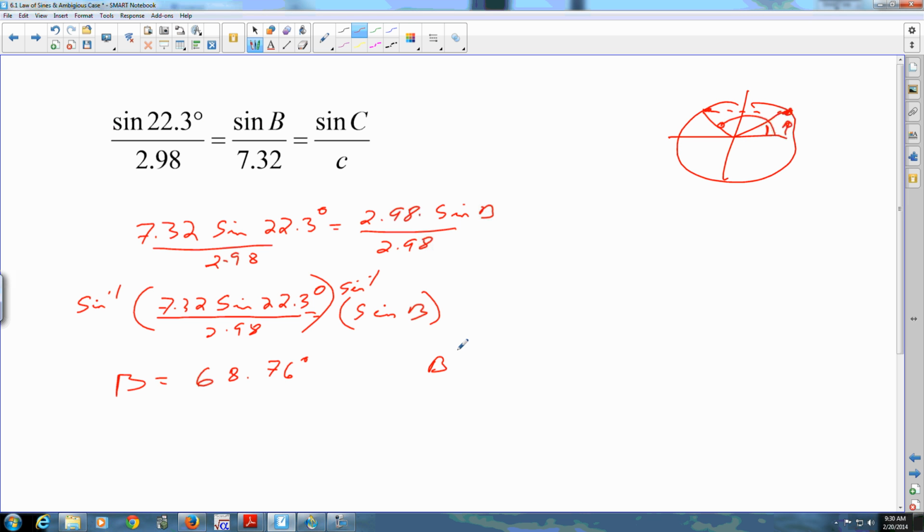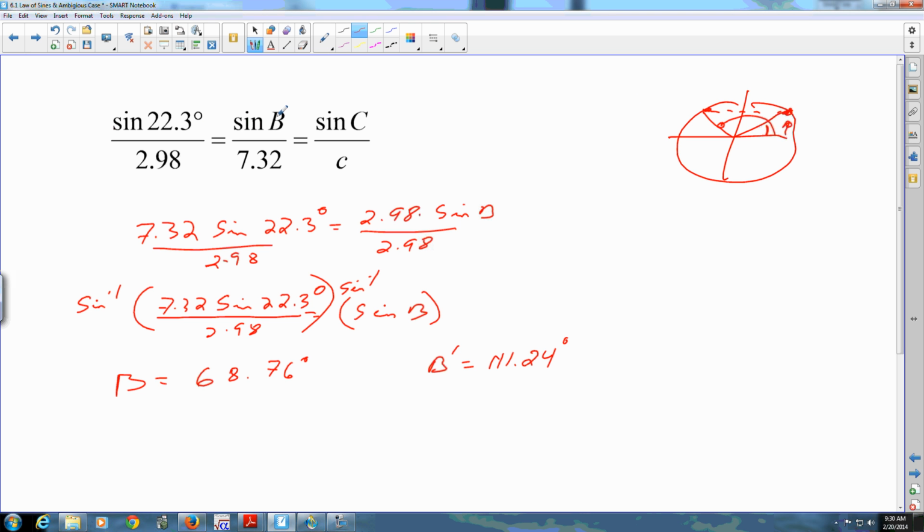And we're going to call it B prime. That's just a way to indicate it's the alternate version of B. I have to take its supplement. Okay, so you go 180 minus that angle, and you get 111.24 degrees, rounding to the nearest hundredth. Okay, that's the other angle it could be.